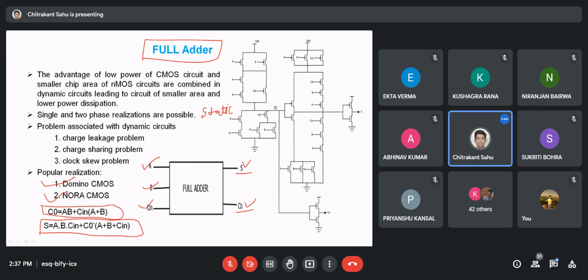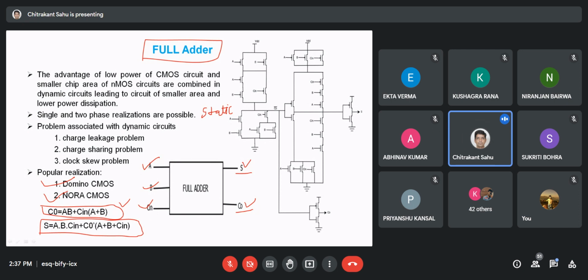The sum has 4 components. You can realize it using a K-map. If you have studied the K-map, you can derive all this using the truth table. What will be the sum equation? I'm directly writing the equations. So the carry out is nothing but AB plus BC plus CA, nothing else.